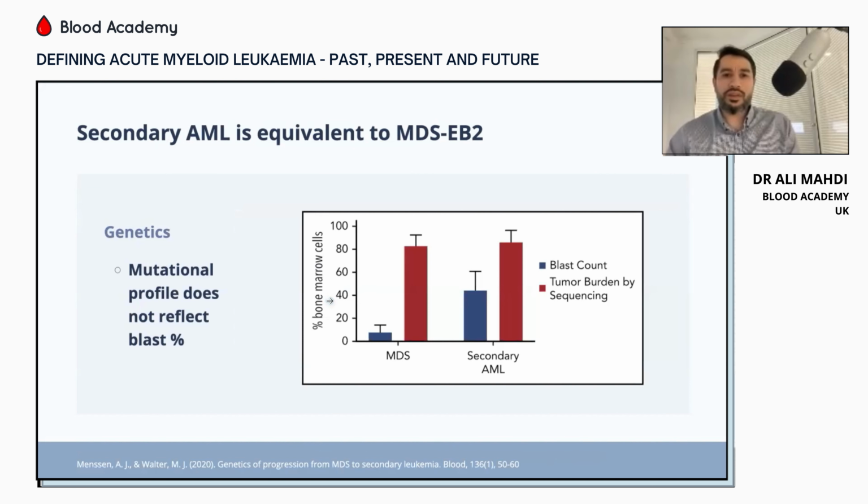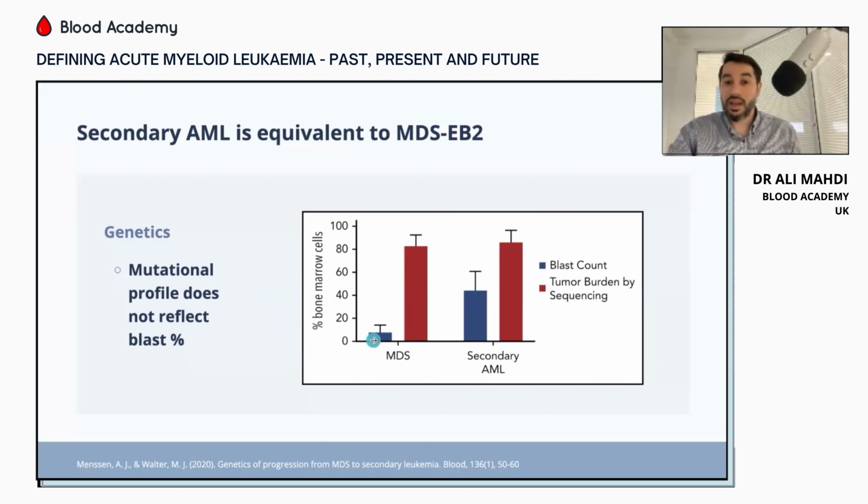The other thing to consider is whether the number of blasts that we see down the microscope, or even by enumerating by flow cytometry, equates to the actual tumor burden within the patients. And this data suggests not. What it did was take a small group of patients. There were only 8 patients that were analyzed, but they looked at the tumor burden by morphology of patients with MDS, and after they progressed to acute myeloid leukemia, i.e. developed a blast percentage of 20% or more.